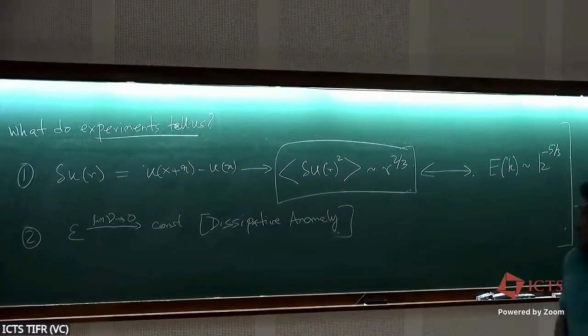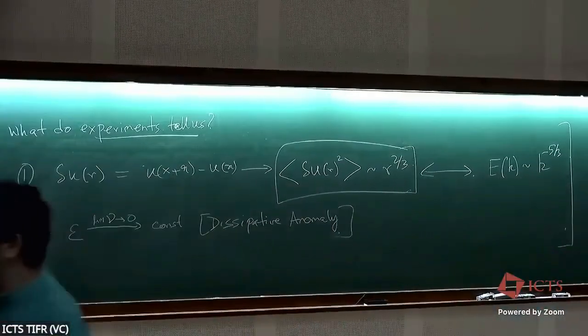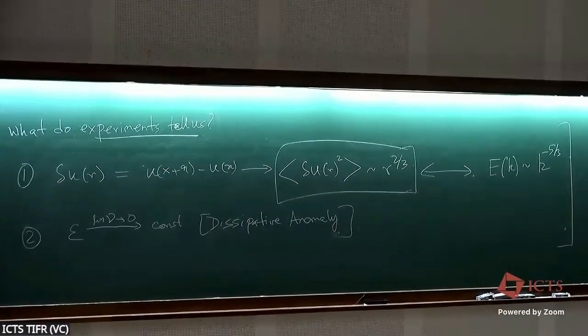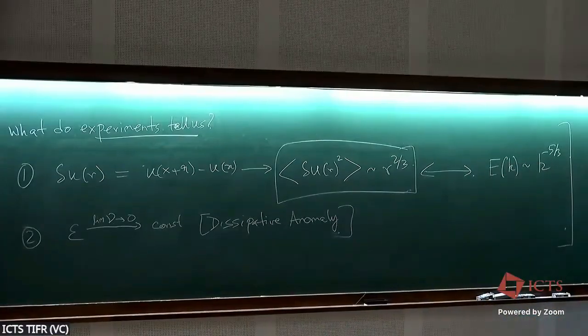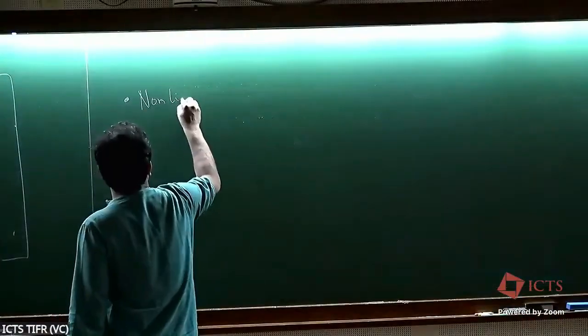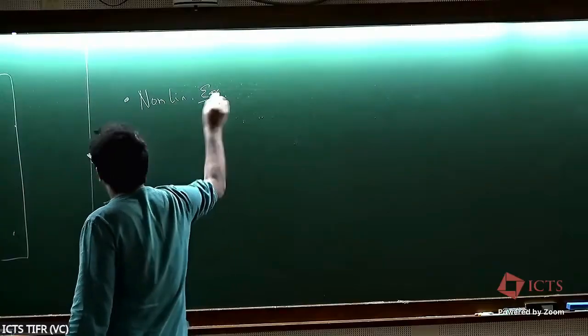Now, as you can guess, the reason I've drawn those nice pictures is that there are problems to explain this starting from the Navier-Stokes equation. The main problem is, firstly, you're dealing with a nonlinear equation. And in principle, you do not have an exact solution for u of x. So if I give you suitable initial conditions, I really don't know a way how to solve this equation.